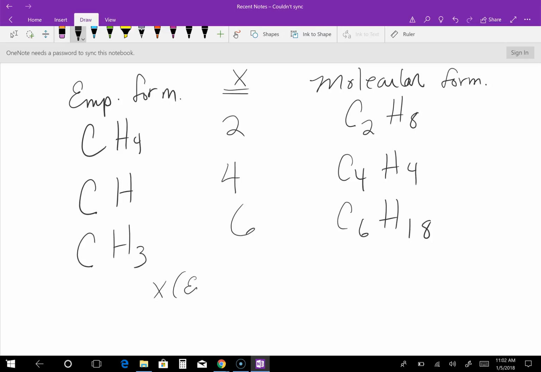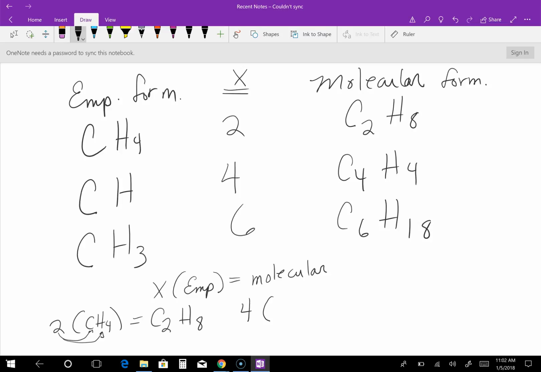If you remember from previously, X times empirical equals molecular. So 2 times CH4 equals 2 to the C, 2 to the H, C2H8. 4 times CH, 4 to the C, 4 to the H, C4H4.